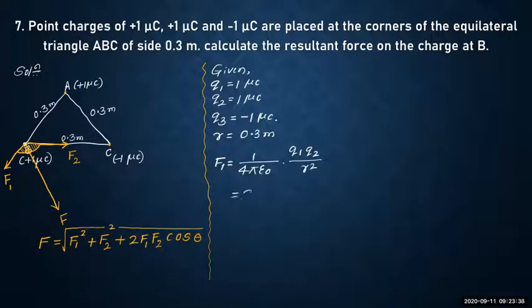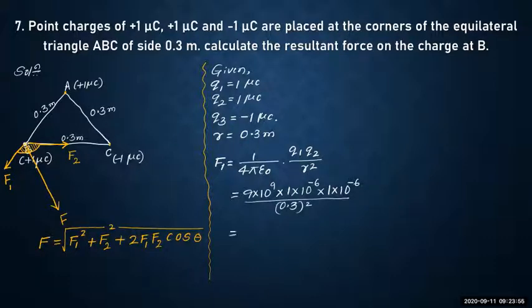So it is 9 into 10 raised to 9 into 1 into 10 raised to minus 6, 1 into 10 raised to minus 6, whole divided by R square. R square is 0.3 whole square.